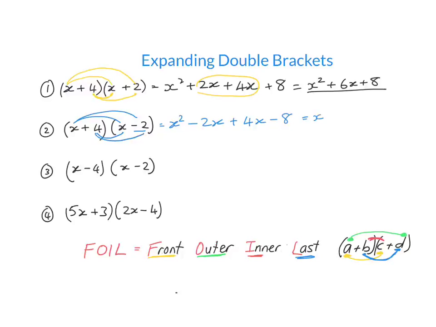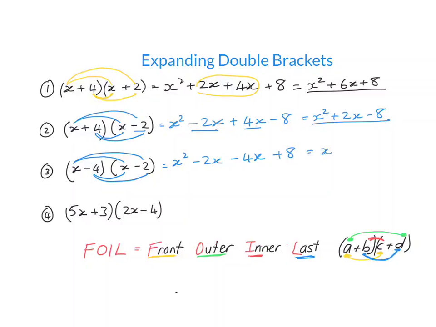And then tidying up, we can simplify: 4x take away 2x is only going to leave me with 2x minus 8. This one here, I start with x squared, my fronts, my outers, x times a negative 2, inners, negative 4 times x, last, a negative 4 times a negative 2 is positive 8.